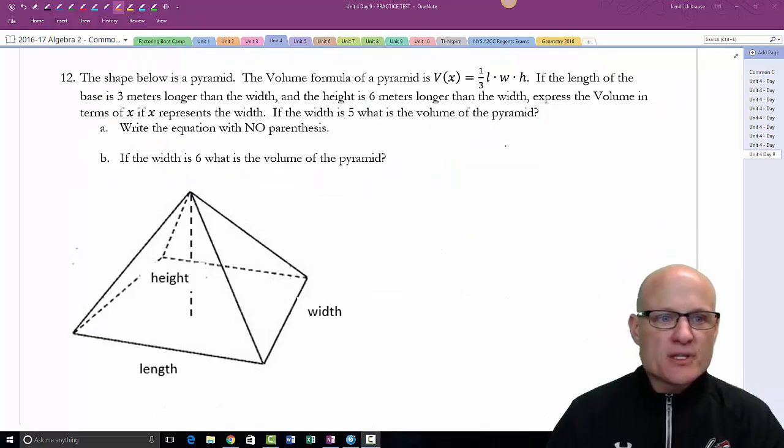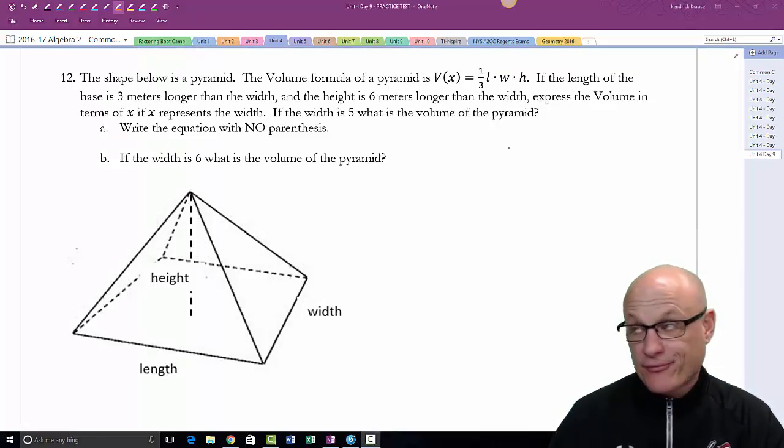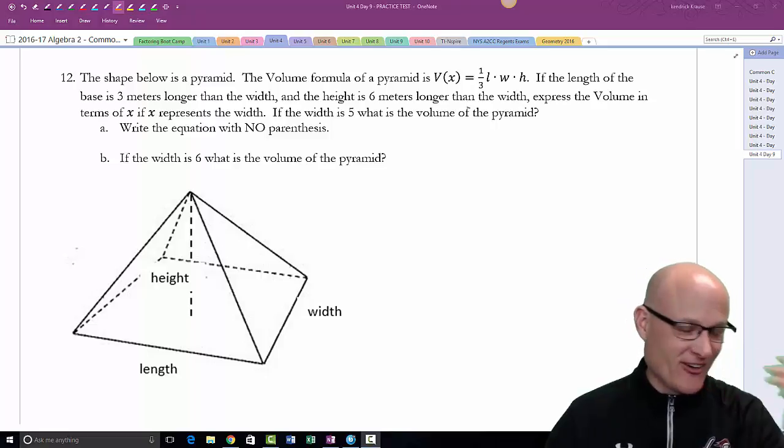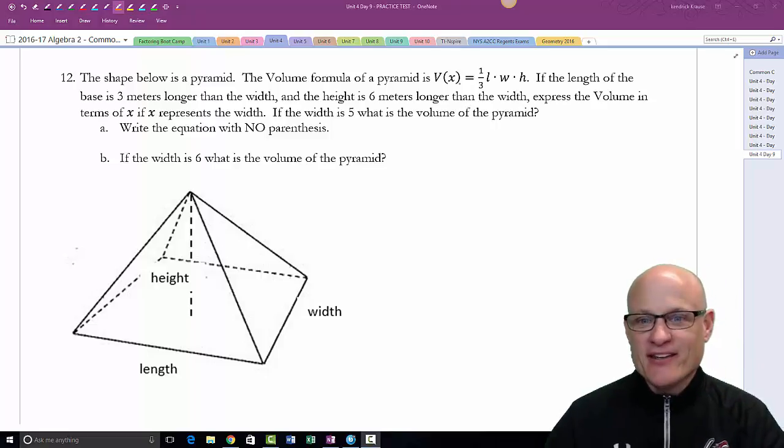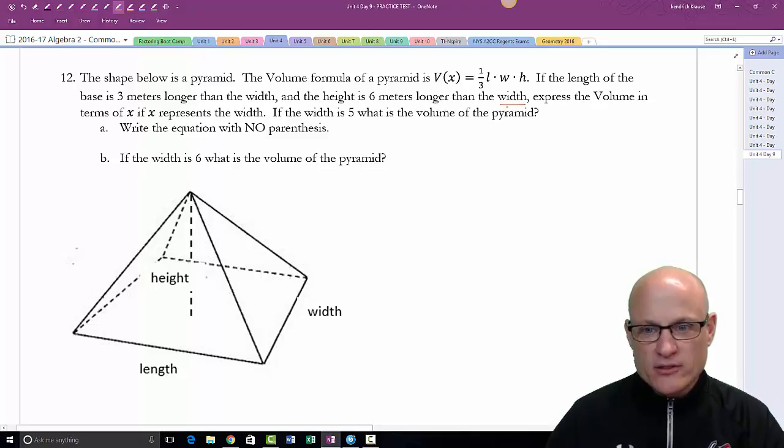All right, so just skip this problem. There's like 4 sentences and everything. Who can do that? So the volume formula of a pyramid is 1/3 length times width times height. If the length of the base is 3 meters longer than the width, and the height is 6 meters longer than the width, so we want to say let x represent the width.